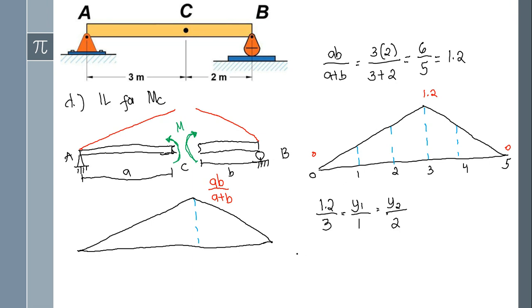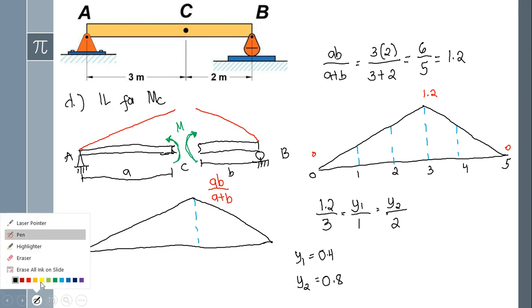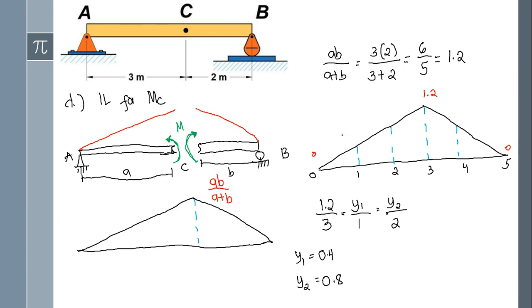So y1 is equal to 1.2 over 3, which is 0.4. For y2, cross multiply: 2 times 1.2 is 2.4, divided by 3, which is 0.8. So we have the ordinates for y1 and y2.